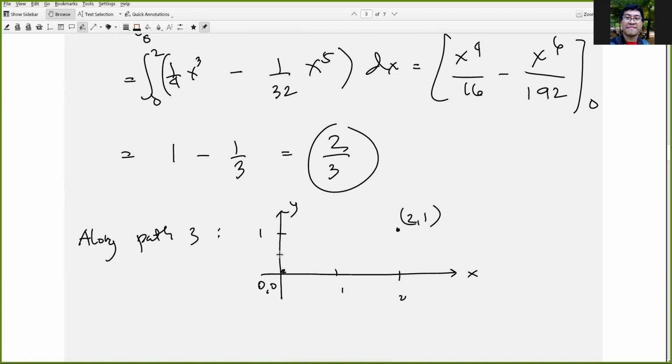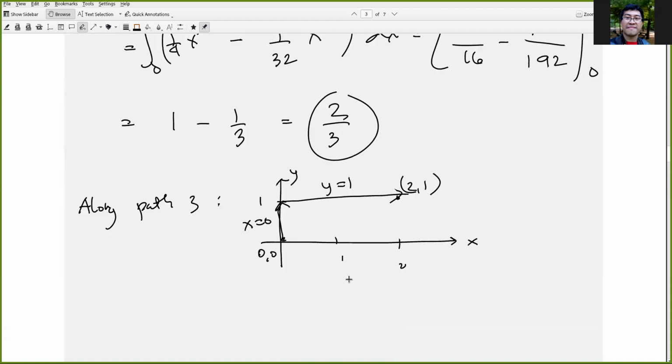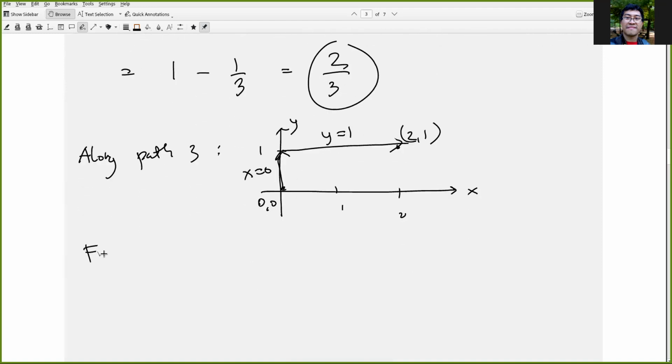Start here, we go up along the line x equals 0, and then from here we go to the right along y equals 1. So from 0, 0 to 0, 1, at this point you have x equals 0.